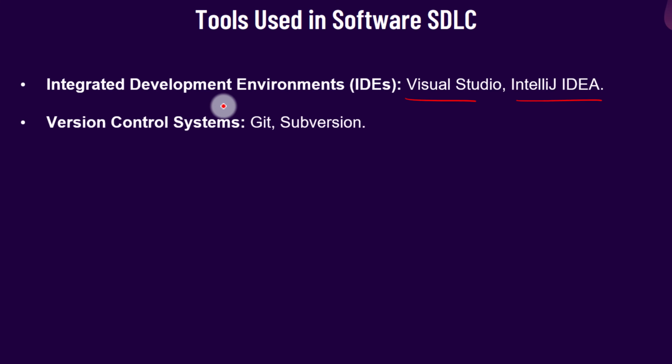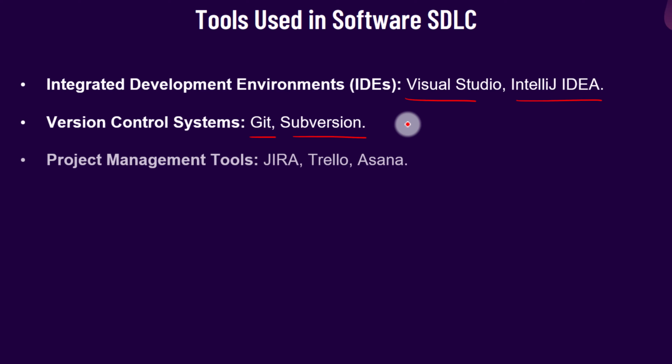Next is version control systems such as Git and Subversion, which are crucial for tracking changes and collaborating with other developers. Next, project management tools like Jira and Trello help in planning and keeping track of the progress of software projects.